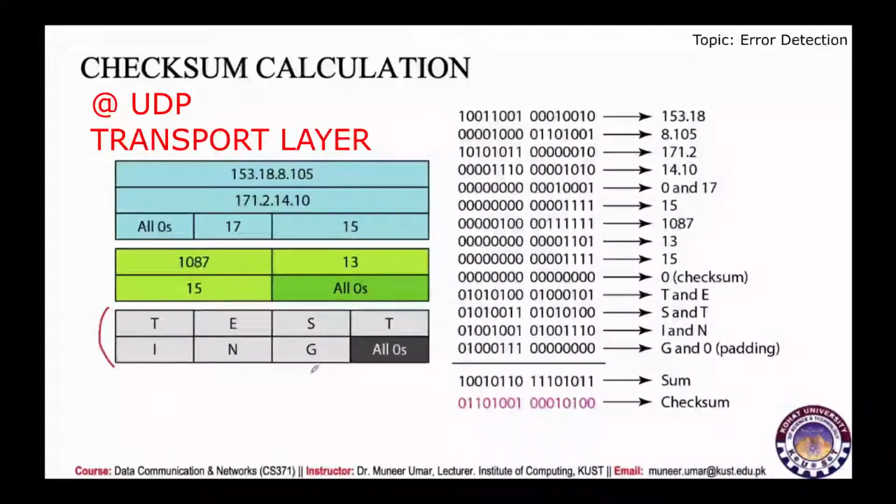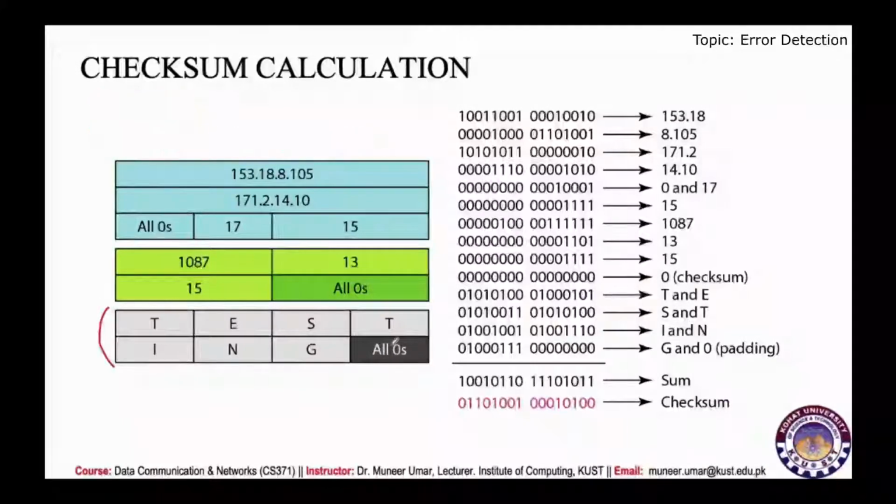So what will we do? We will add 8 zeros to this data to make a complete block of 16 bits. So we will have block 1, then block 2, block 3, and this one would be block 4. Adding these 8 bits of zeros is known as padding.